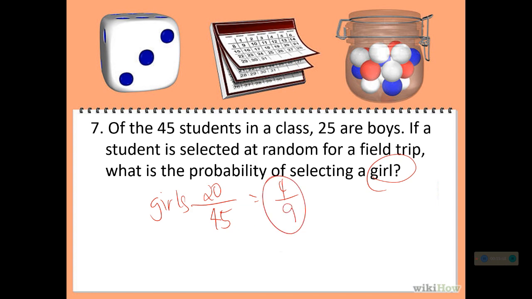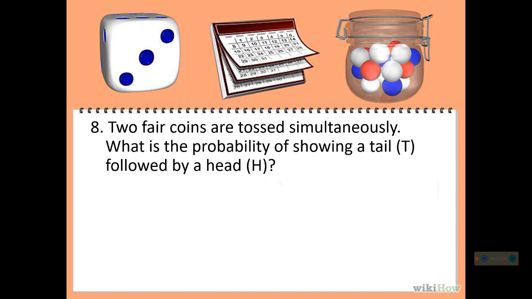Okay? Next, number 8. 2 fair coins are tossed simultaneously. What is the probability of showing a tail followed by a head? Okay? So, if you are going to toss 2 coins, there are 4 outcomes. So, you can have tail, tail, head, head, tail, head, or head, tail.